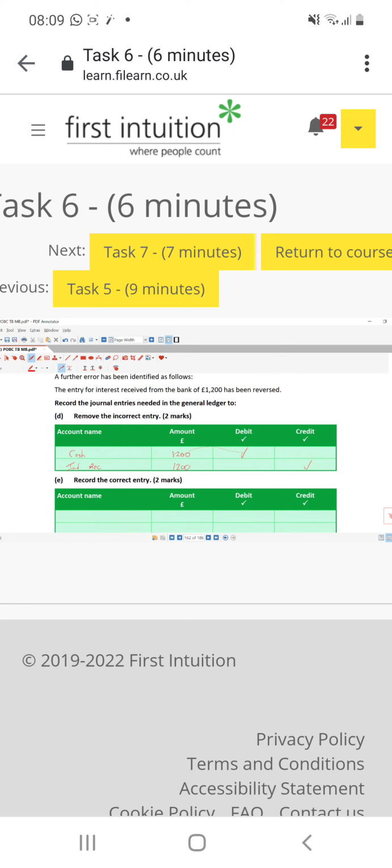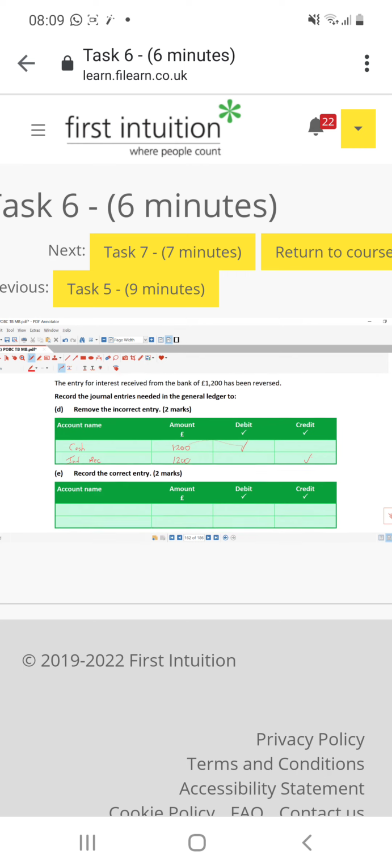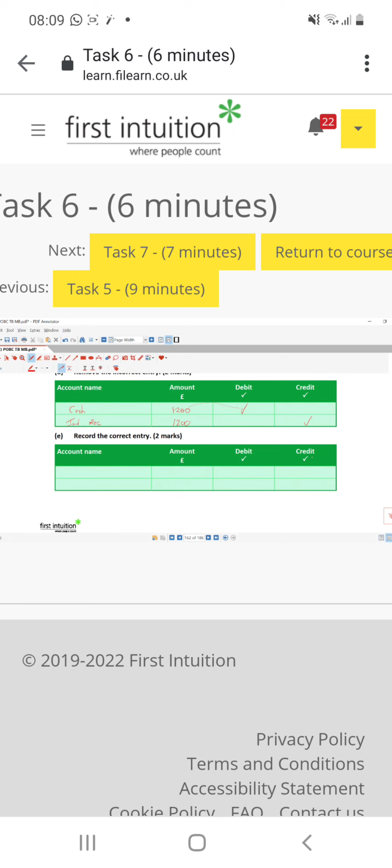But here, as they have reversed that journal, not only do we have to debit the cash and credit the interest received, as they got the journal the wrong way round, to get us back to square one, but we then have to repeat the same journal for what actually should have been posted in the first place. So for the correct entry, this will be the exact same.